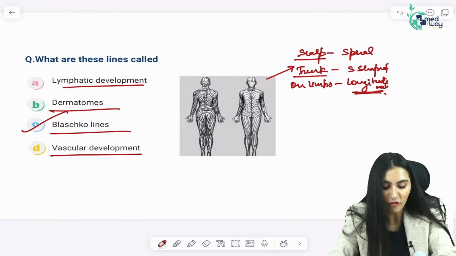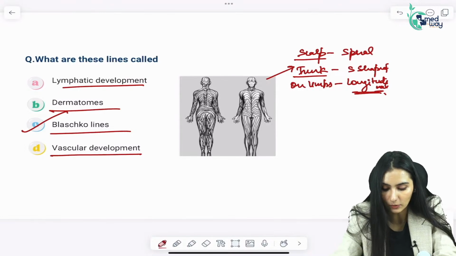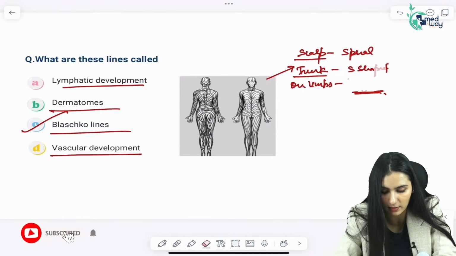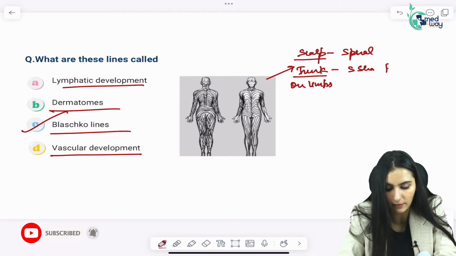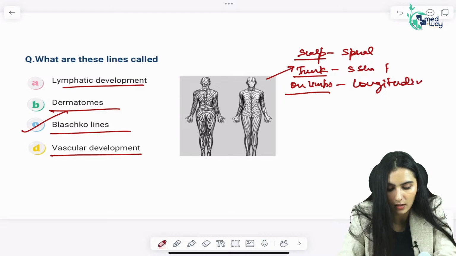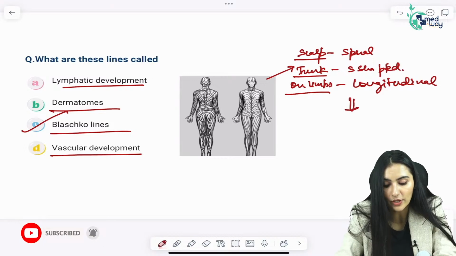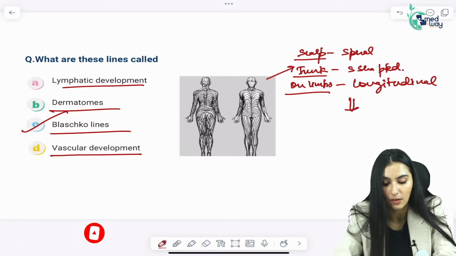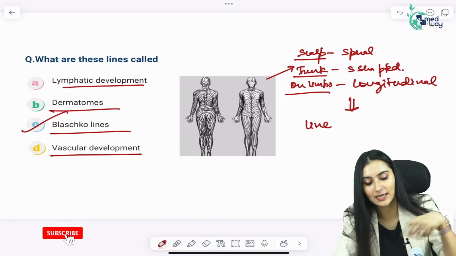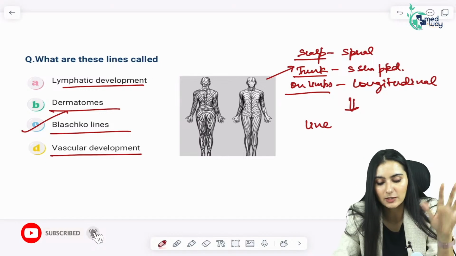Alright, what are Blaschko lines? I'll just tell you a little about them also. Okay, limbs, this is longitudinal. So these are basically lines through which your melanocytes migrate. So these are lines of migration. During embryonic stages, when your cells were migrating, they migrated through these pathways. Okay.